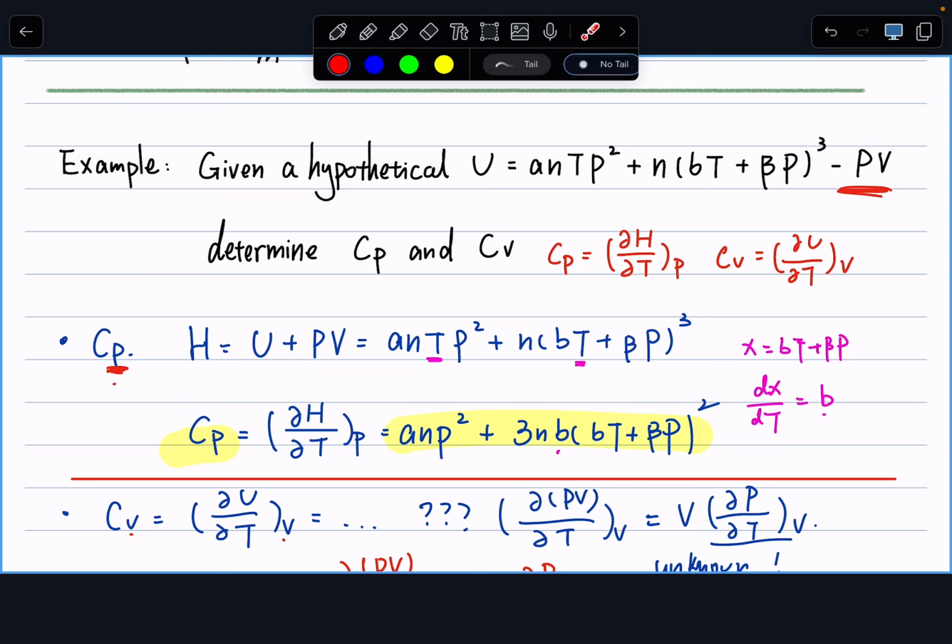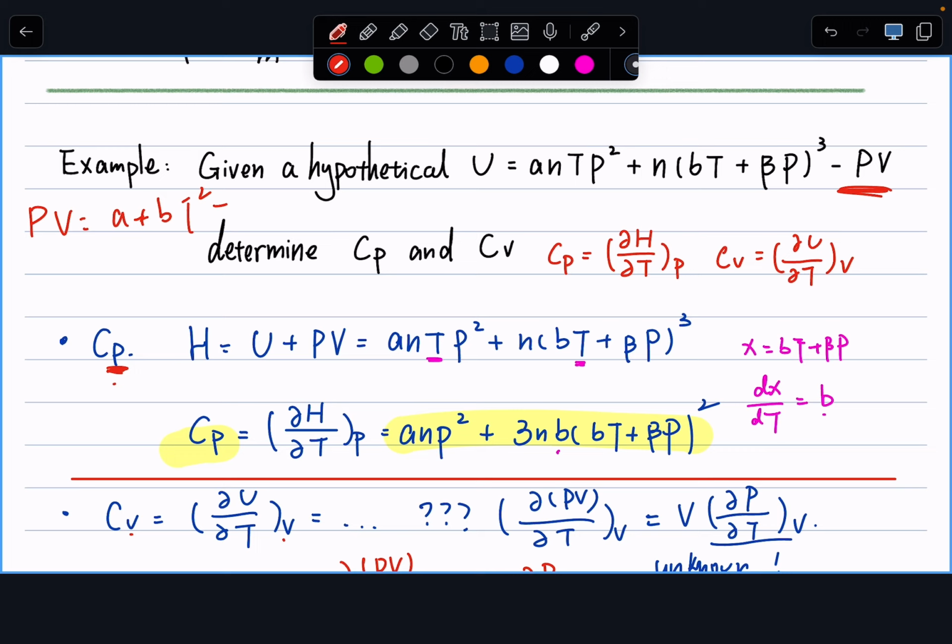It just depends on what exactly the question is. Or instead of giving you an ideal gas, I'll give you some other equation of state, say volume equals A plus BT squared, or PV equals A plus BT squared. This kind of relationship will allow you to solve this equation further.